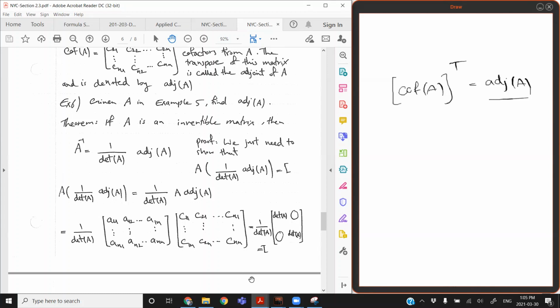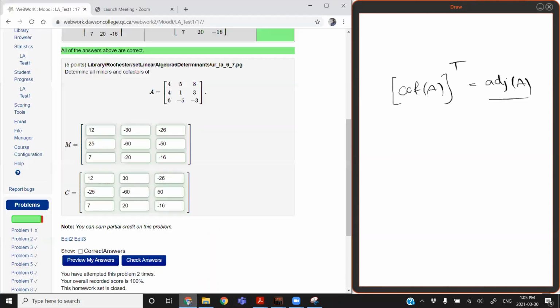So, for example, for this problem we have here, if I want to find the adjoint of A, it would be 12, 30, minus 26, negative 25, negative 60, 50, and then the last row becomes the last column, 7, 20, negative 16.